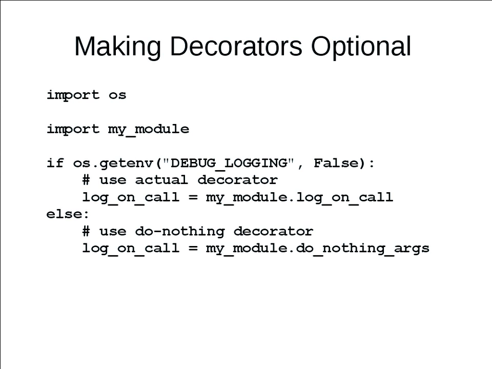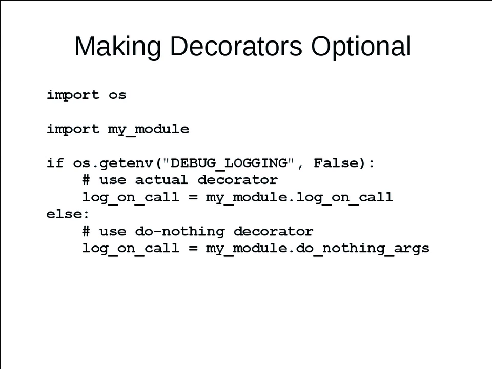So let's say you import something at runtime. You can make it check for an environment variable or a config file or whatever you want. And depending on the result of that check, you can either use the actual decorator or use the do nothing decorator. So in this example, if we define an environment variable called debug logging, then we actually get the debug logging. Log on call gets set up to actually do the log on call decorator.